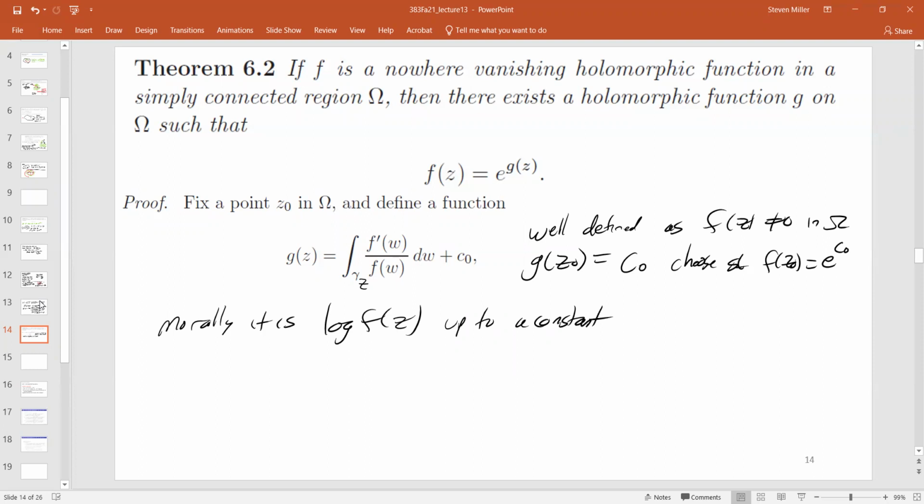And again, if we just take the logarithm, what is the derivative of the log of f of z? It's 1 over f of z times f prime of z. And we know, so if we look at, what would g prime of z be?